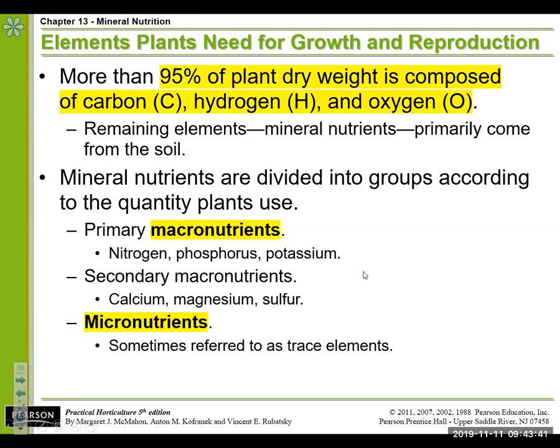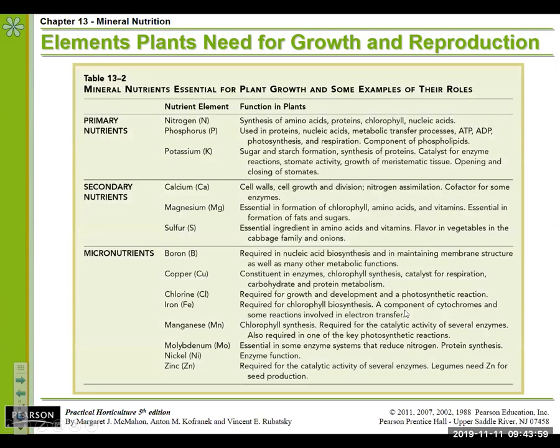Then we have the micronutrients, which are also referred to as trace elements. It's important to note that just because we need them in smaller quantities doesn't make them any less necessary. It just means that we need them in smaller amounts. So here's a chart that looks at these mineral nutrients and some examples of their roles in the plant.